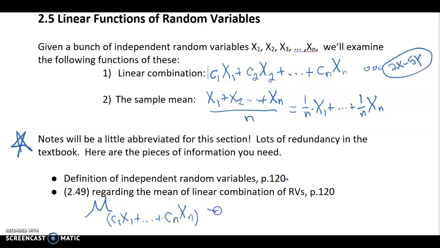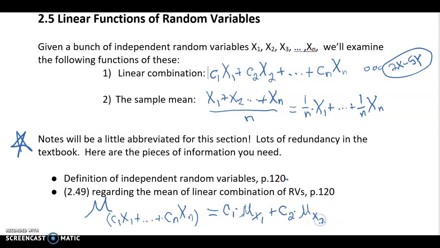If you know the mean of each one of those x's separately, then you're going to take C1 times the mean of the first x, which they write as mean of x1, plus C2 times the mean of the second x, x2.